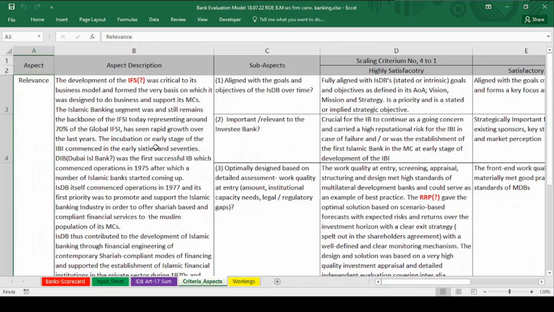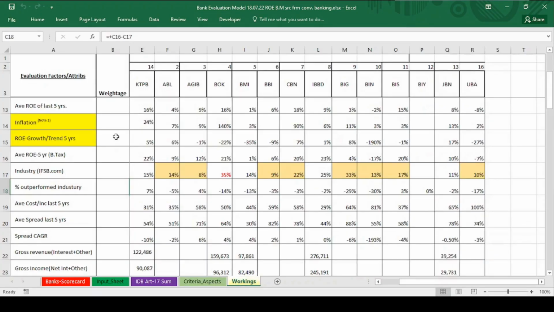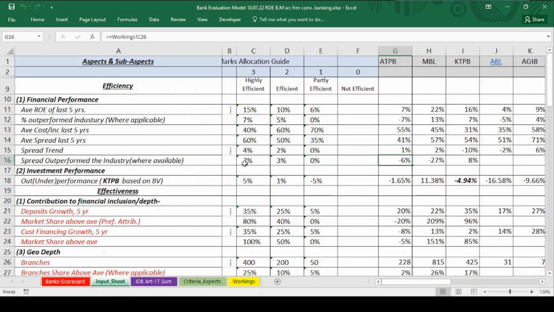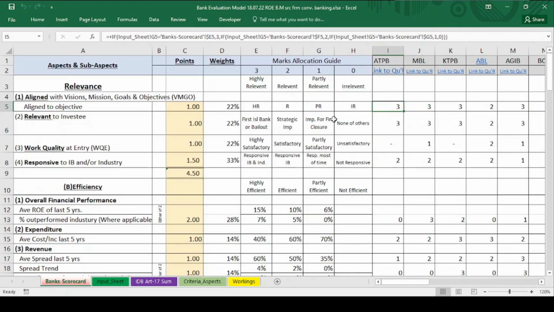So all these aspects were looked at for evaluating, and within these aspects there are sub-aspects and ratios. As I've shown you, here are some working ratios and industry averages, from these values were calculated, and outperformance from the industry benchmark was determined, and then the scores were given.